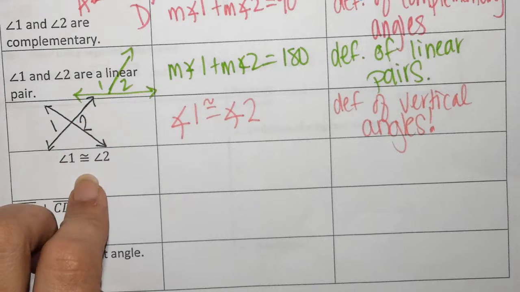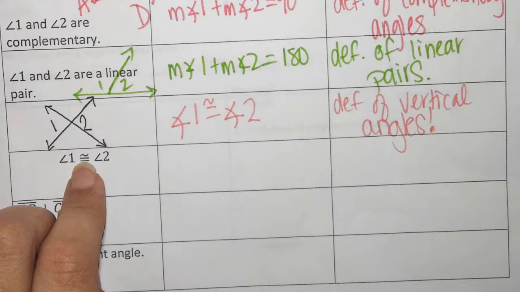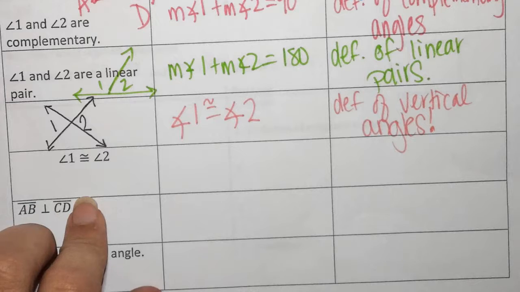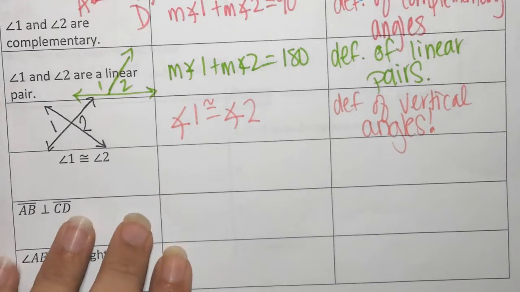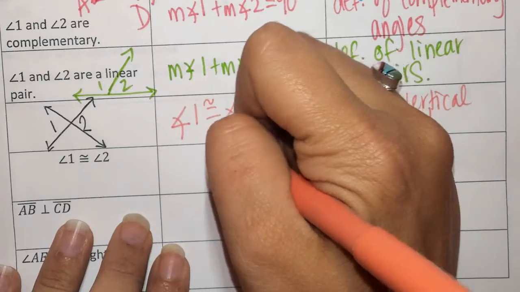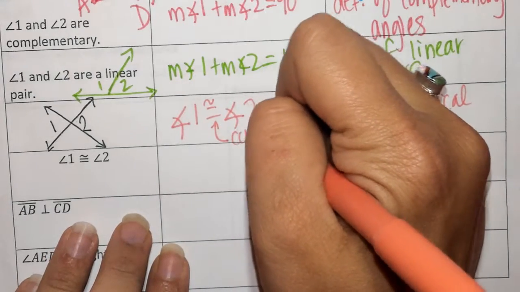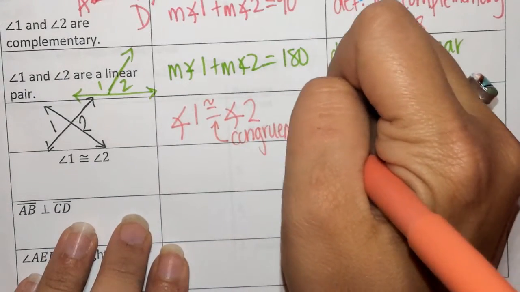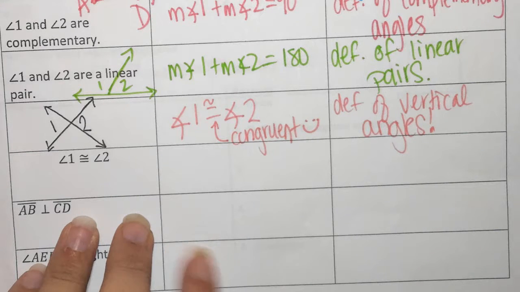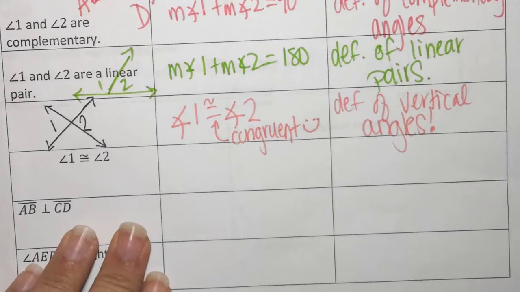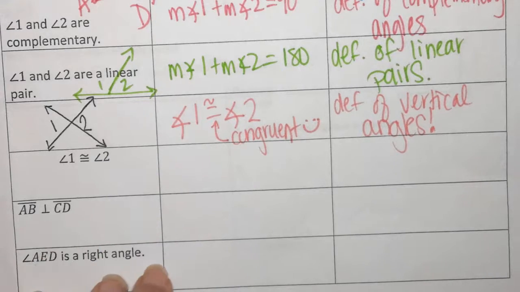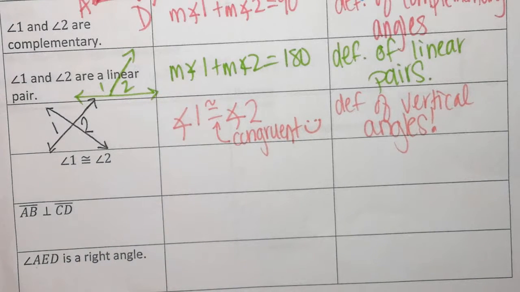With a squiggly, that means congruent. Okay. Now, if angle 1 is congruent to angle 2, this is just like with the segments.